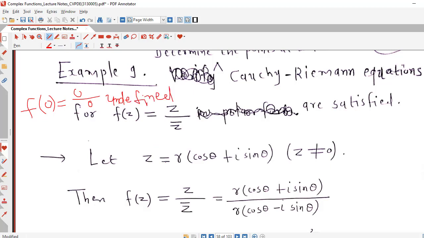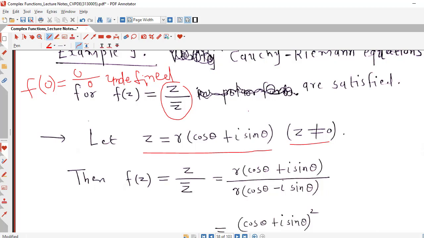So we start by taking z equal to r into cos theta plus i sin theta, where z is a non-zero complex number. So we have to substitute the value of z here. What we are doing is trying to write our function in this form: some function of r and theta plus i into another function of r and theta.